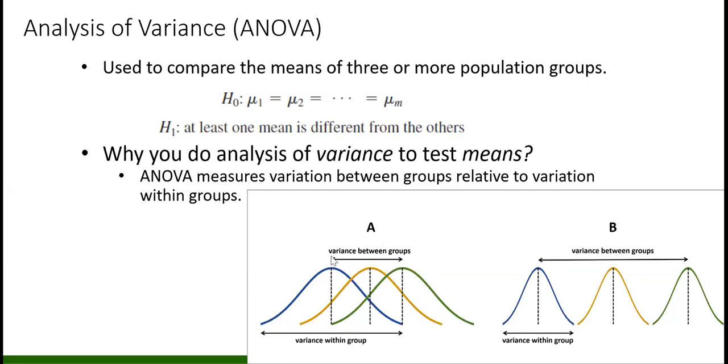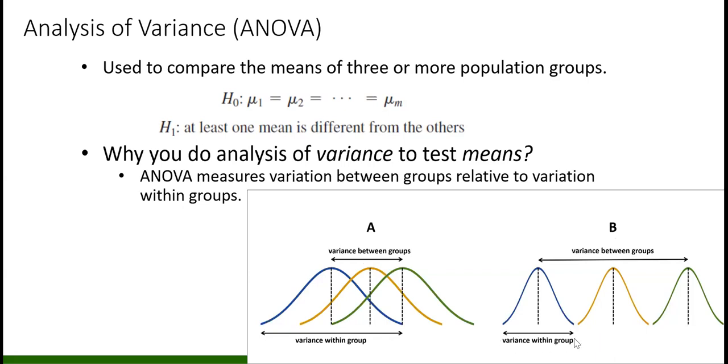As you can see, the variance between groups is smaller in panel A compared to panel B. The second factor that we need to measure is the variance within groups, within each distribution, within each sample.